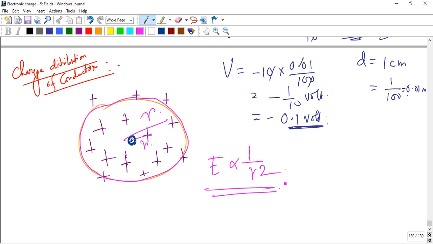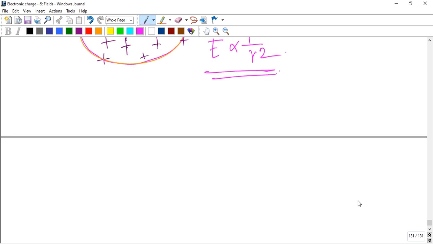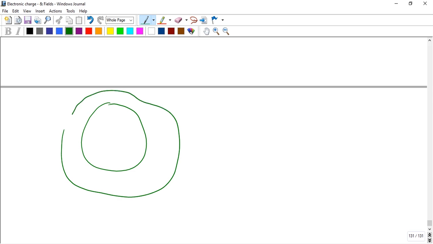Suppose I choose a conductor of arbitrary shape, with some thickness, and suppose we choose the electric field in that direction.